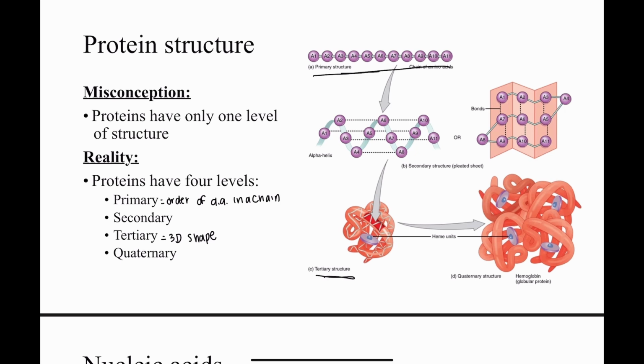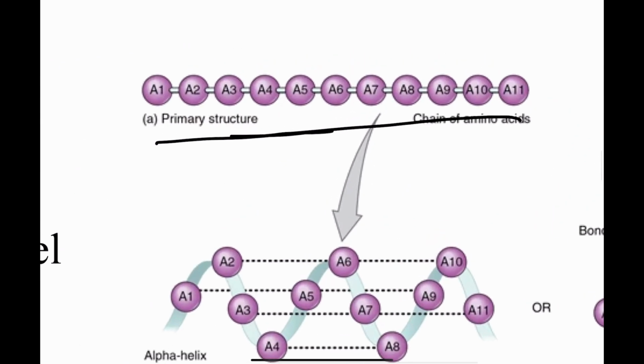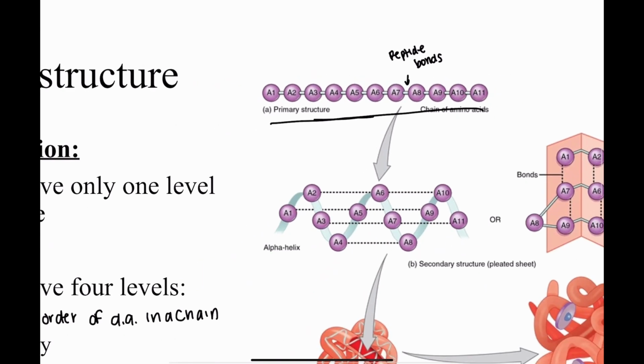So the different shapes that are formed by the 4 different structural levels of proteins start with our primary structure, which is the linear sequence of amino acids. And remember that these amino acids are connected by peptide bonds. And these peptide bonds were formed through dehydration reactions.